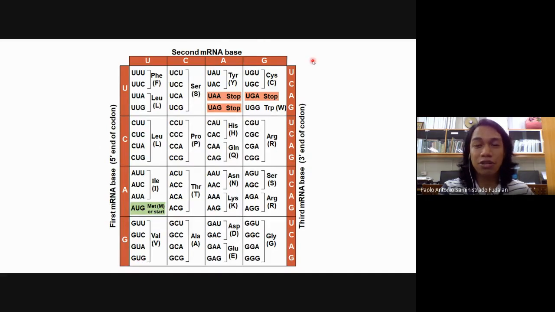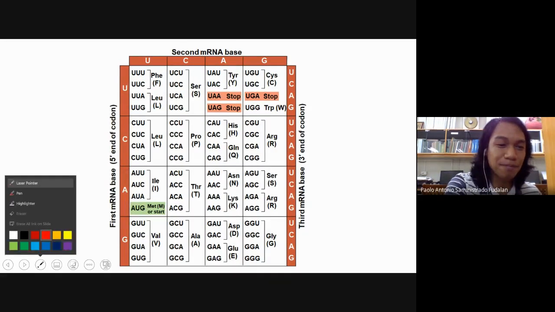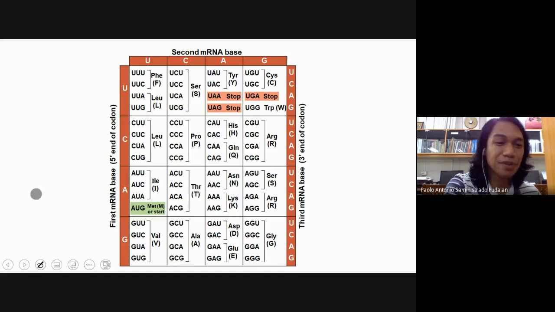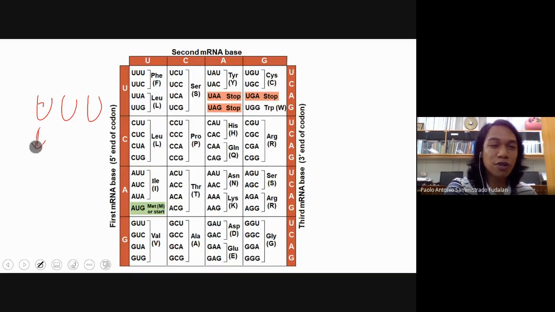So if we are now going to base on the codons on the mRNA, this is the codon dictionary. Now, this allows us to see what is the resulting amino acid with a particular type of codon. How many possible codons are there? There are three positions. So in the first position, for example, UUU, how many possibilities? How many letters to choose from in the first position of the codon?